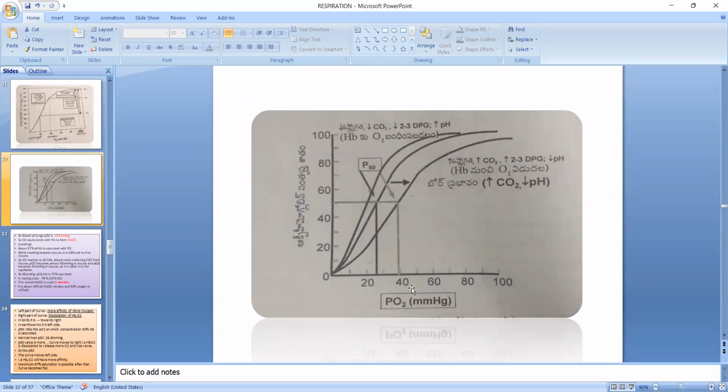Okay, high oxygen partial pressure ఉన్నప్పటికీ డిసోసియేషన్ అనేది ఎక్కువ. ఎందుకు అంటే more CO2 is released there, more metabolic activity occurs, more oxidation occurs.